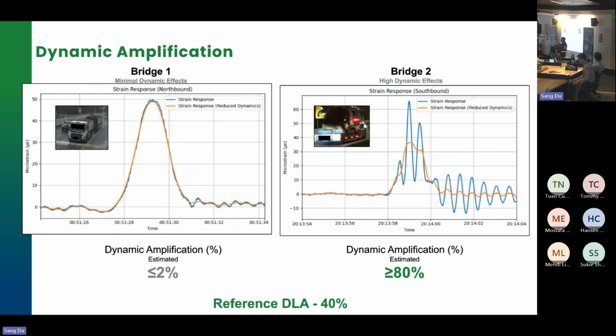But we haven't done the probabilistic assessment to determine the DLA we have to use for this bridge. People use DLA and dynamic amplification interchangeably, but that's not right. Correct. Thanks, Govinda.